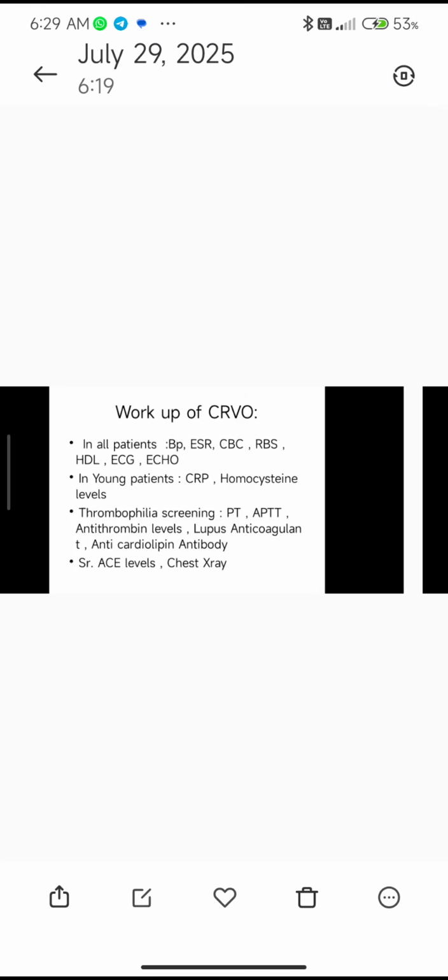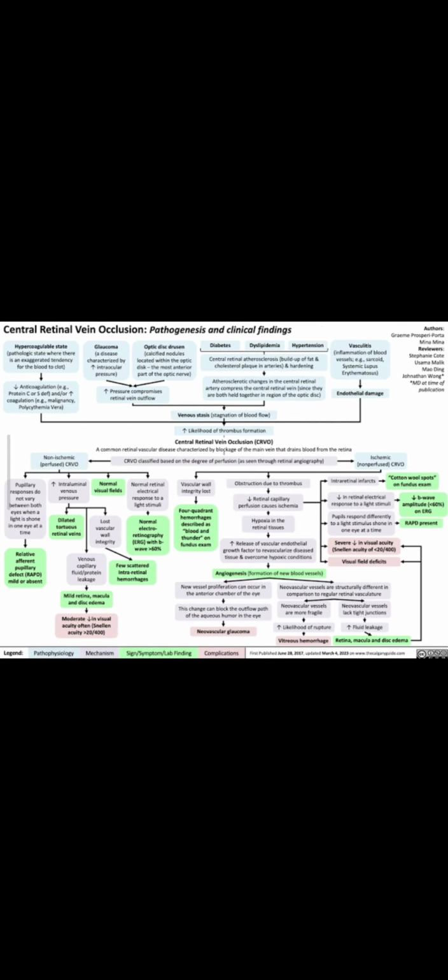We have talked about the pathogenesis, and now we need to remember some clinical features and signs. As I said, CRVO will have signs like mild retinal venous dilation and tortuosity with small flame-shaped hemorrhages, and mild macular edema is associated.